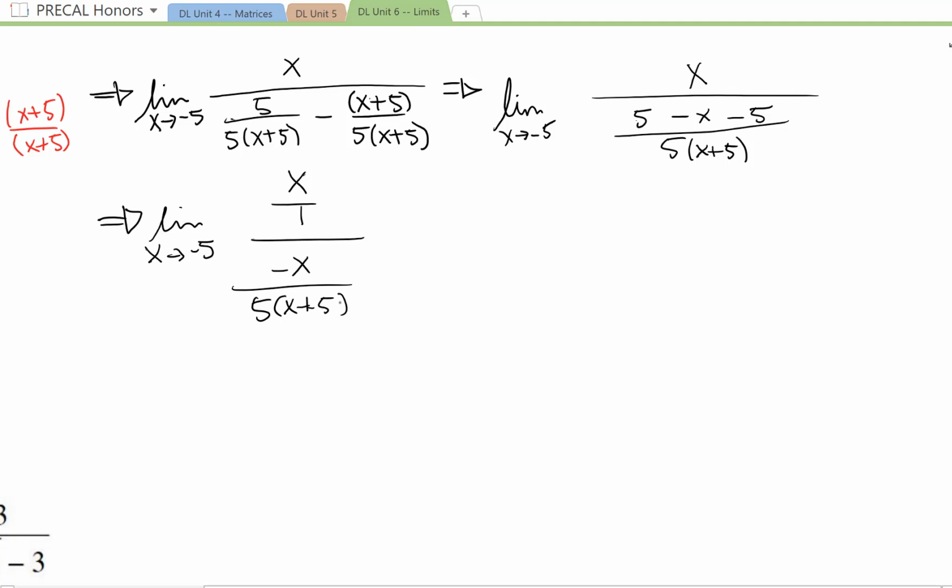You now have a fraction divided by a fraction, so we can change it to multiplication and flip it. We'll reduce these fractions and end up with no longer a rational expression.